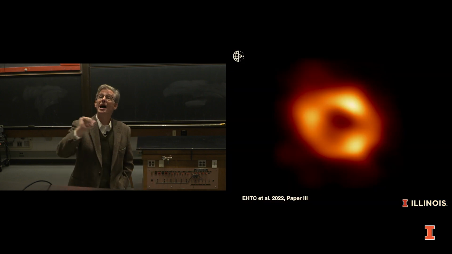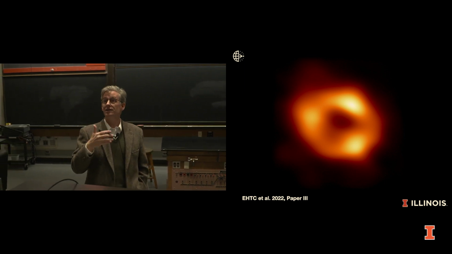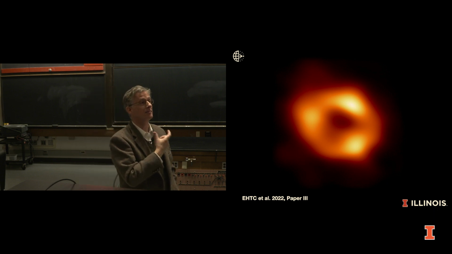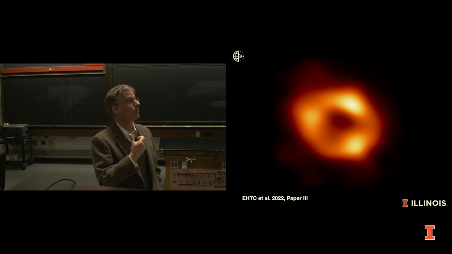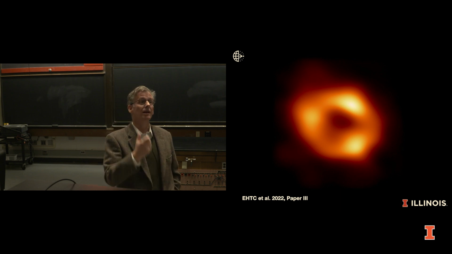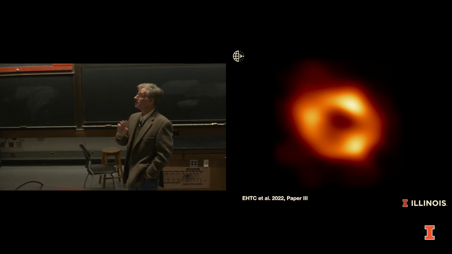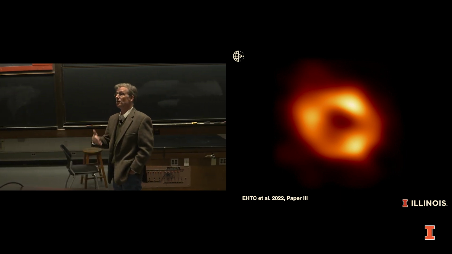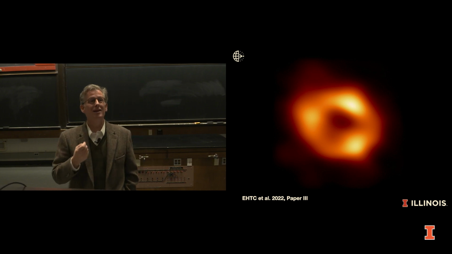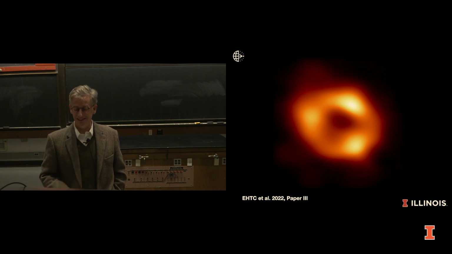So to within about 20%, and that's all error, the size of this ring is consistent with what's expected from the Genzel and Ghez data. Okay, and this zooms in even further than Genzel and Ghez were able to, because the resolution of the Event Horizon Telescope is much greater. This is one of the finest, the highest resolution images ever made.